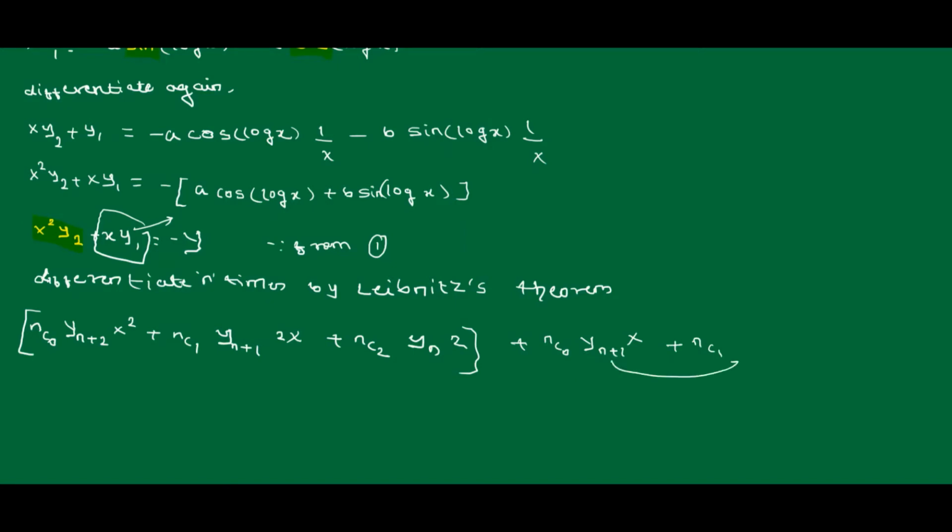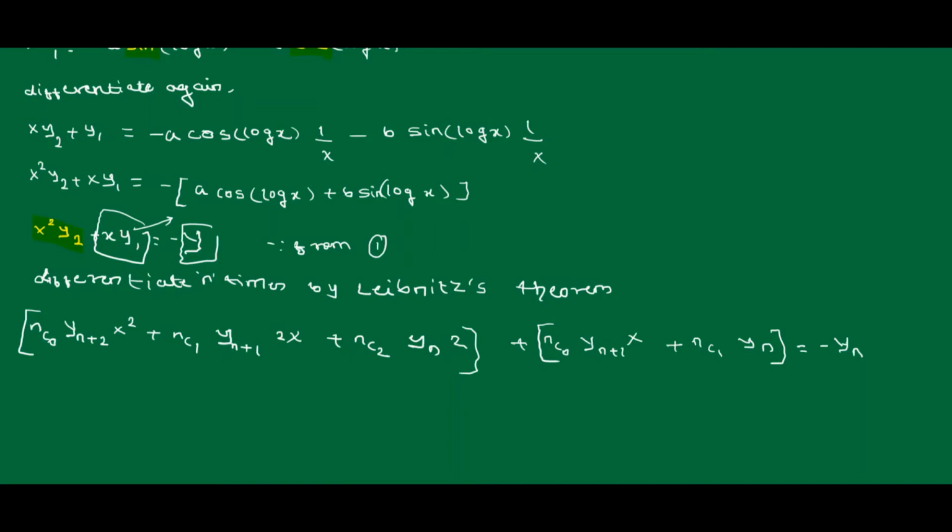In decreasing order after y(n+1), the next term is yn only. And the differentiation of x is 1, so I can leave this. So this is the nth derivative of the second term, equal to minus the right hand side. The nth derivative of y is yn.